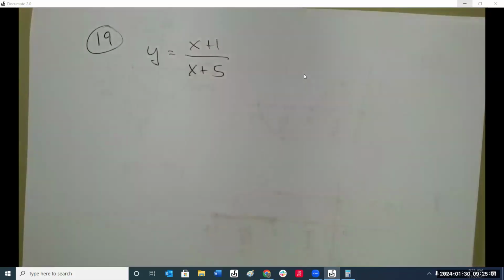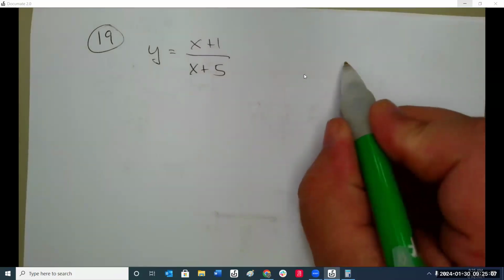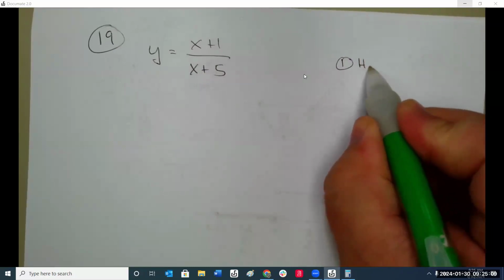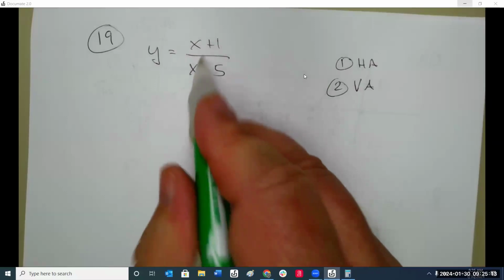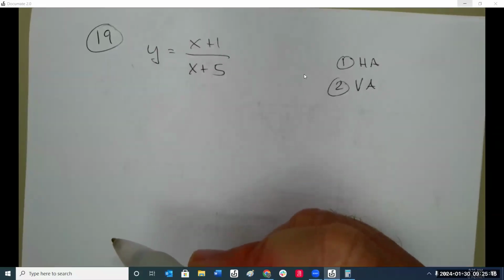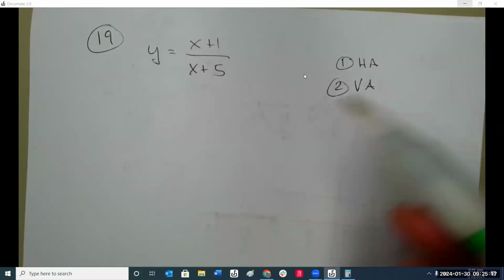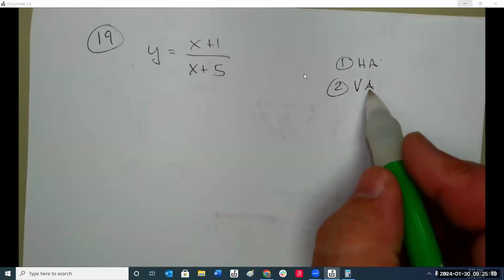So, given this, what two things do we have to figure out first? Whenever you have a rational expression with x's in there, you have to first find the horizontal asymptote and the vertical asymptote.